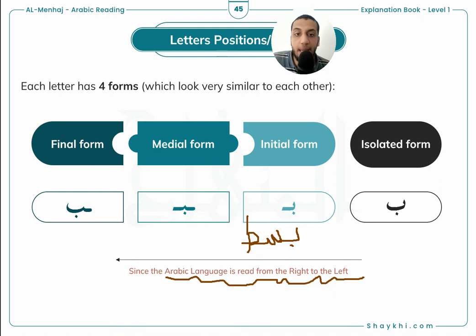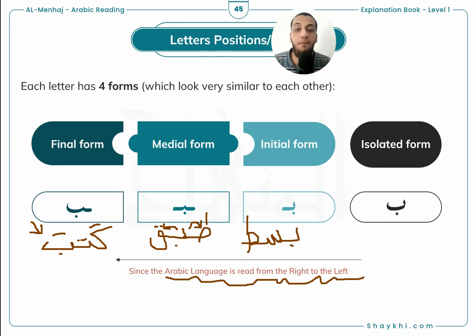Also let's take an example of the letter ba in the middle of the word: ta, ba, qa. You will see the letter ba is connected to the letter before and the letter after. And lastly, an example of the letter ba at the end of the word: ka, ta, ba. You'll see how the letter ba looks in the final form.